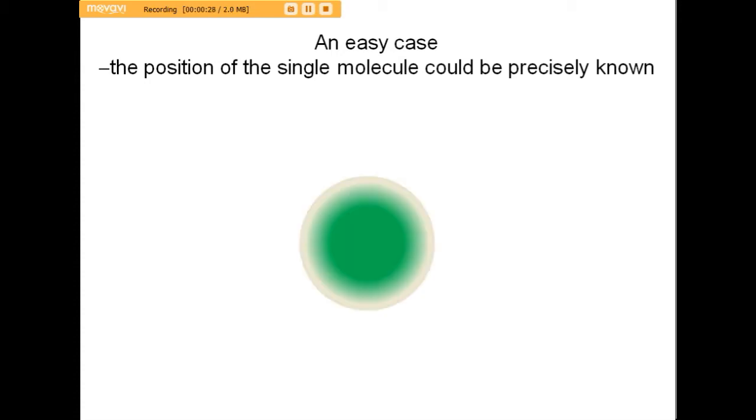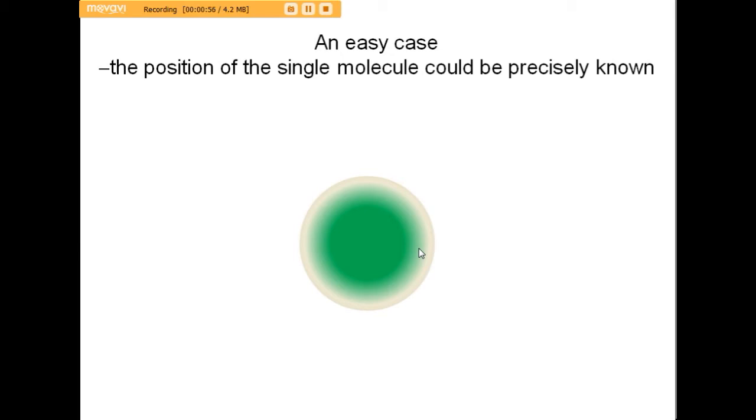So here is this image, the Airy disk. The resolution is limited by the size of the Airy disk, which is very large, much larger than the single molecule size. But it's very easy to imagine that the single molecule's position, although we cannot directly see it, must be at the center of this Airy disk.